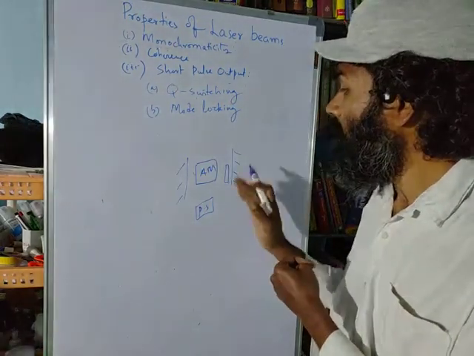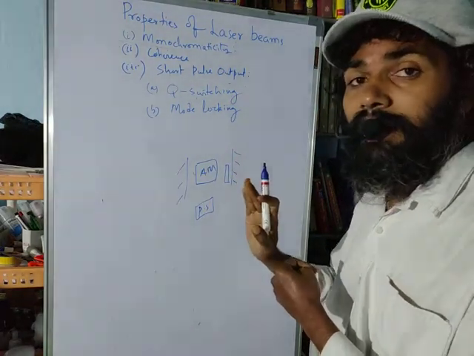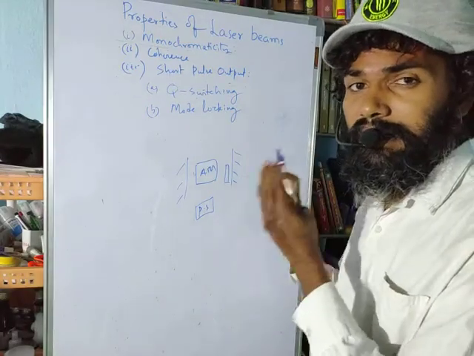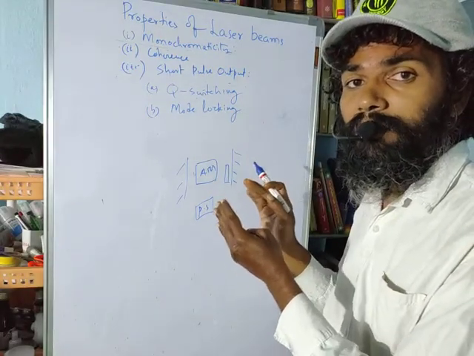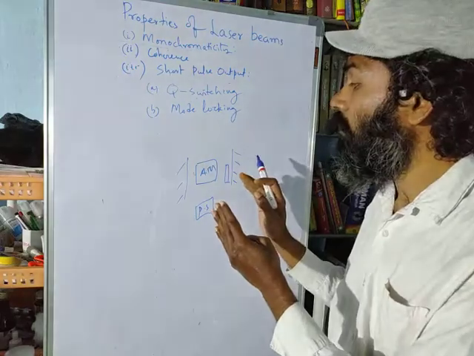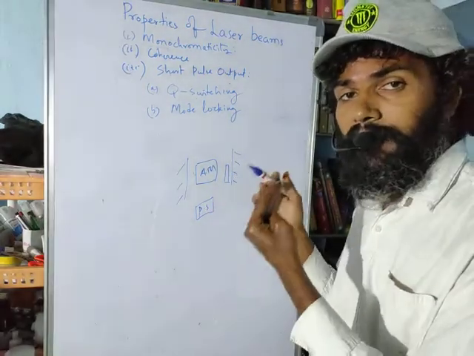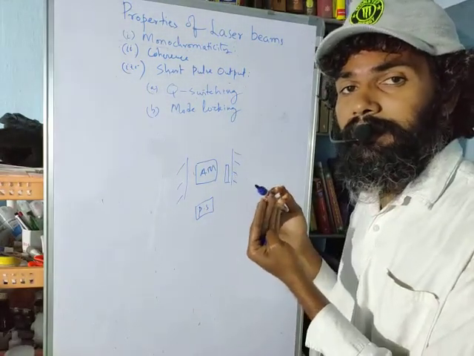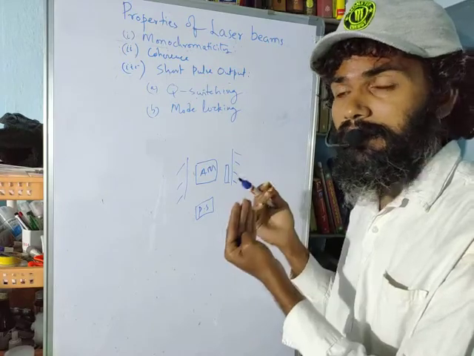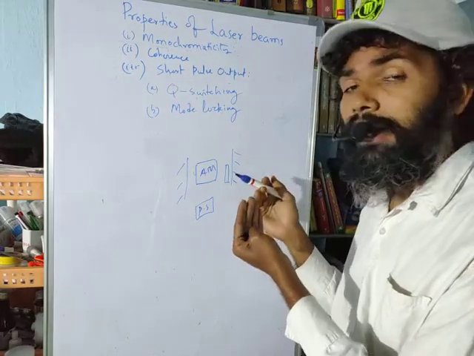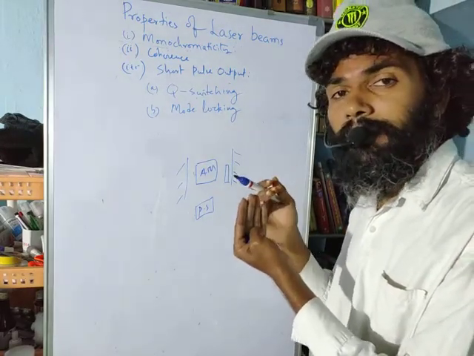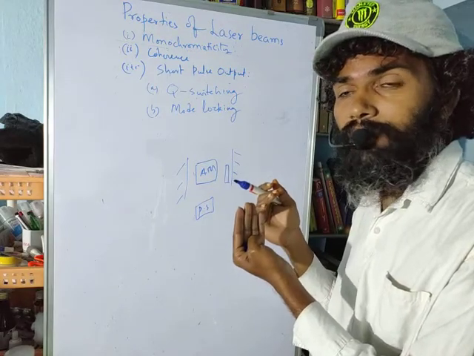And when we suddenly release the shutter, that means when we suddenly allow the quality to grow to its perfect value, then we start having lasing action taking place, the stimulated emission starting here, and then we have more amplification of the lasing photons.